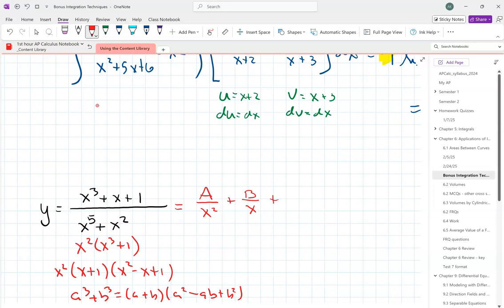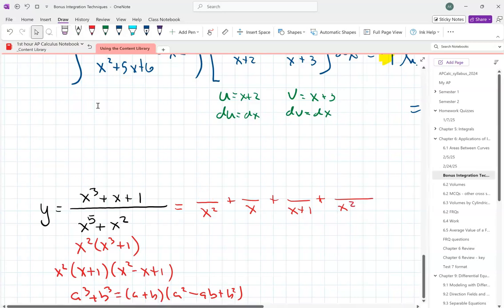And then I can have c over x plus 1. And then, oops, I actually screwed this up already. Hold on a second. And then let me just get rid of all the letters. And then I'll have the x squared minus x plus 1. So those would be the factors that could be added together.